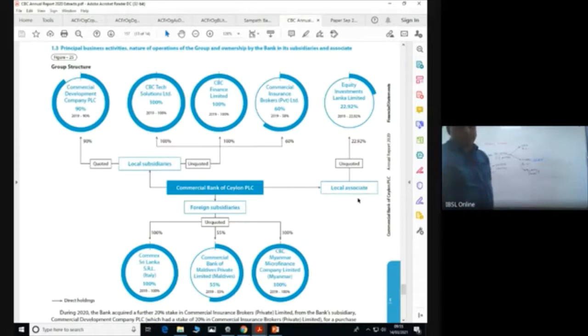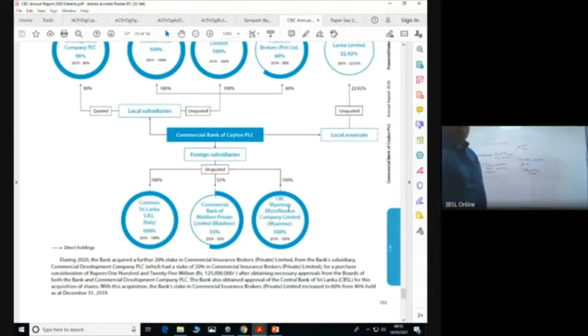You see the shareholdings: 90%, 100%, 100%, 60%. This is 22.92%. That's why it is an associate. The rest are also subsidiaries: 100%, 55%, which is more than 50, then 100%. This is just to give you a flavor of how this group structure is.